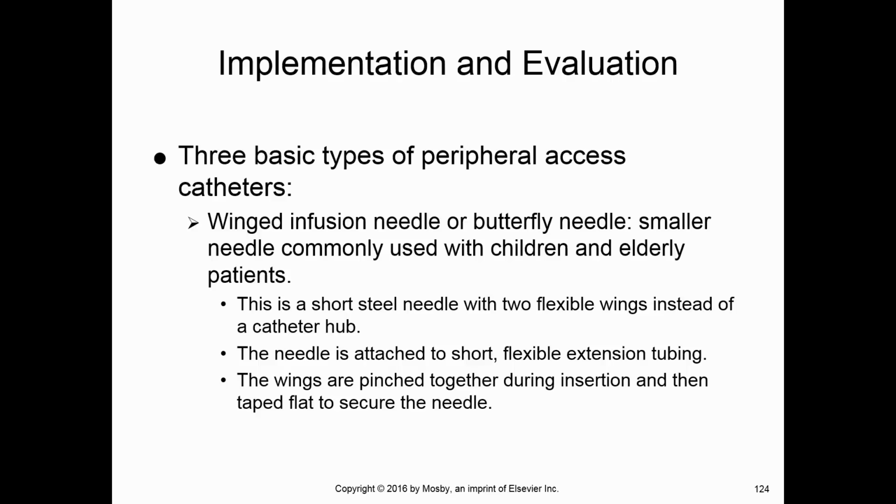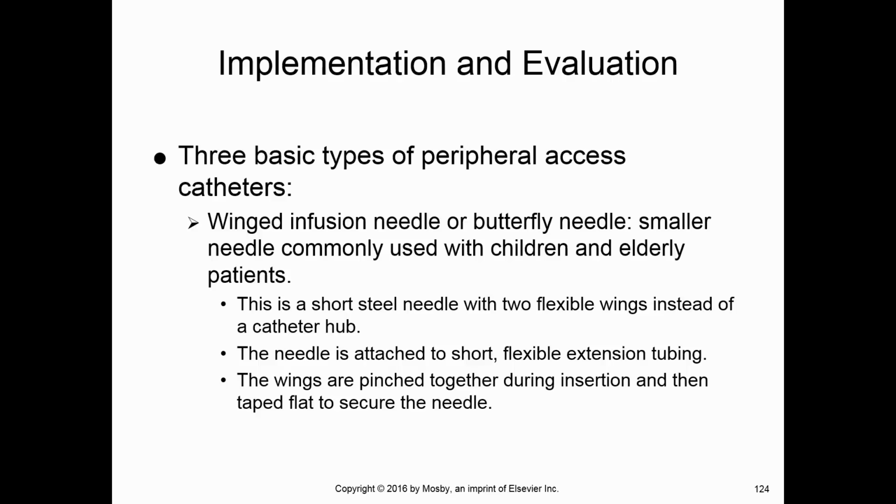Now, there are a couple of other types of peripheral IV catheters. The winged infusion needles, or butterfly needles, are the really small diameter ones, so your 24 or 26 gauge IV catheters.